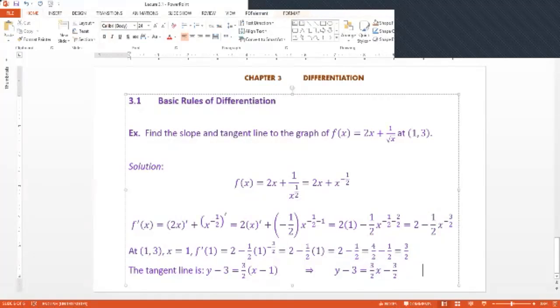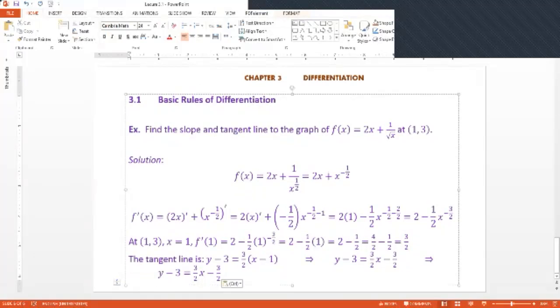And then we can do one more step to simplify the final answer. So we can add 3 on both sides. So that becomes y equals 3/2 x plus minus 3/2 plus 3.